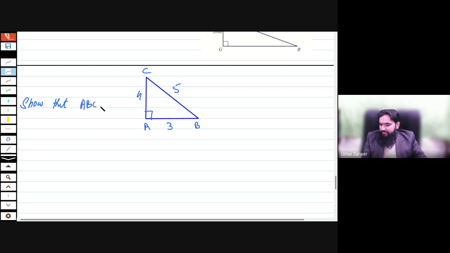It is not given that ABC is a right angle. Only the values are given. Show that ABC is a right angle triangle.